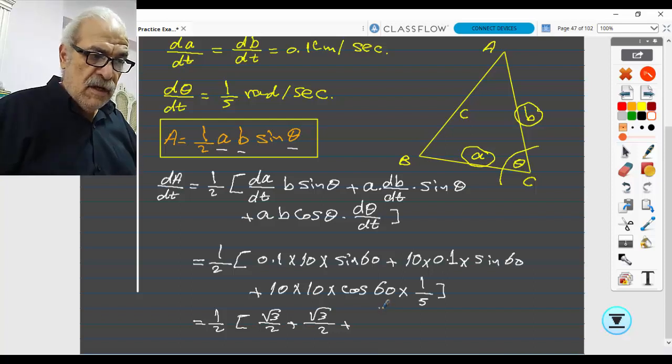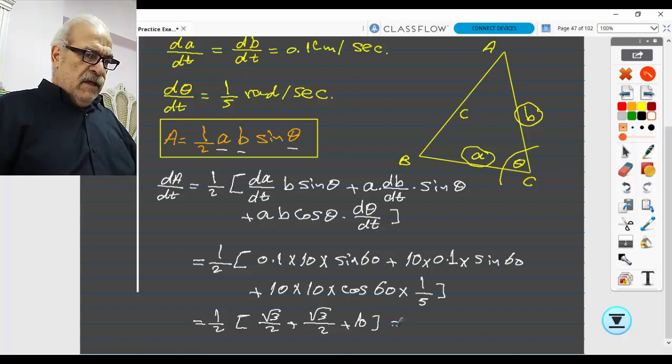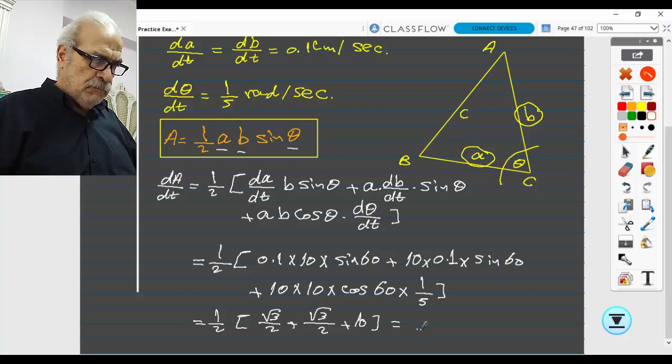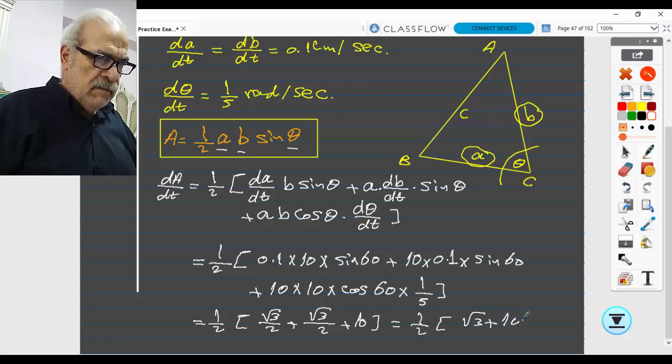Cosine 60 equals half. So the result of this part equals 50. Multiply 1/5, which equals 10. And the result will be half multiply √3 plus 10.